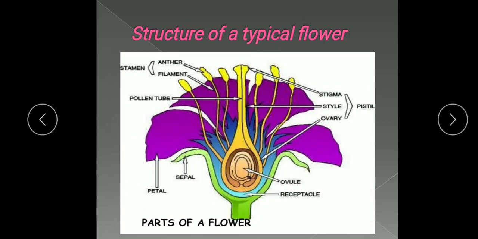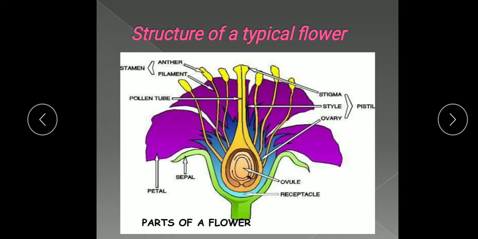As students, you know that you have studied the flower in the previous classes already. Flower is the reproductive part of the plant, and it is a characteristic feature of the angiosperms. Flower is considered a modified shoot, where the shoot apical meristem changes to floral meristem, internodes do not elongate, and the axis gets condensed.